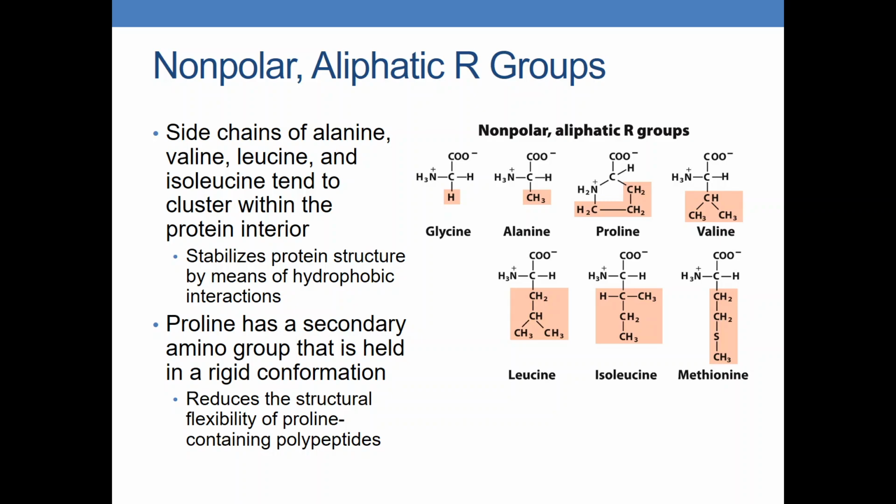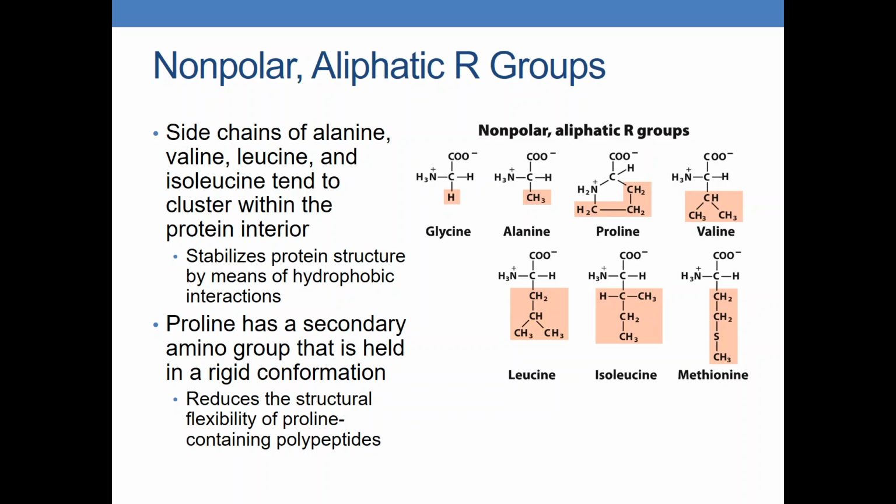But proline does have an aliphatic side chain with a distinctive cyclic structure. The secondary amino group of proline is held in a rigid conformation that does reduce the structural flexibility of polypeptide regions that have proline. So you'll see as we go forward that proline has very unique properties, but it does have an aliphatic side chain. So that's why it gets included here.